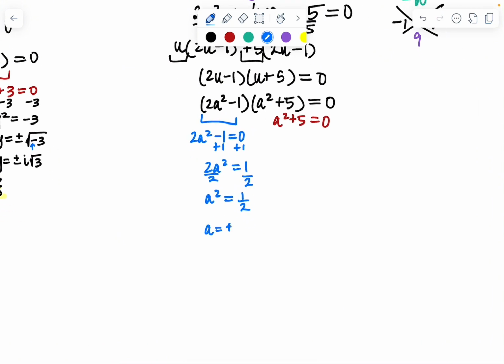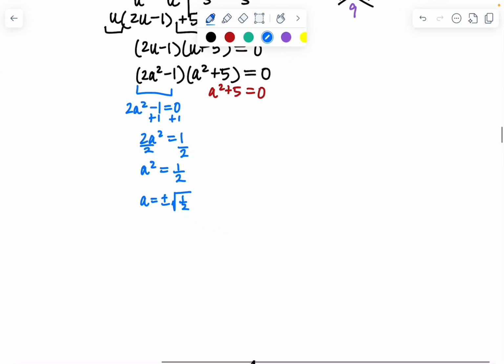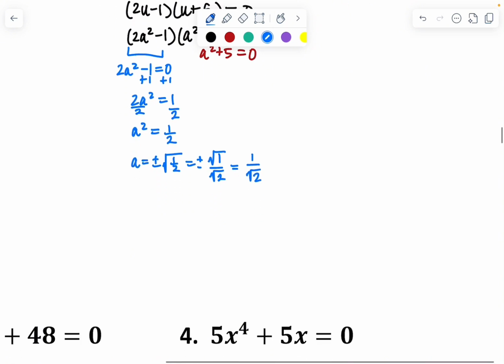And so in this case, we have the positive or negative square root of 1/2. And so to simplify the square root of a fraction, you break the square root up from the numerator and the denominator. And so square root of 1 is just 1. And then square root of 2 is not a perfect square.